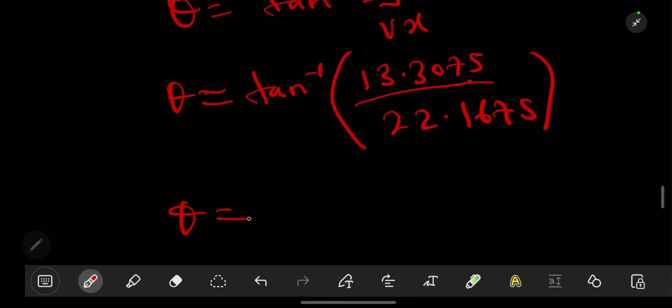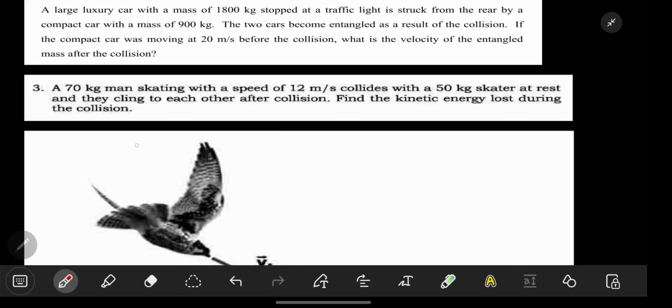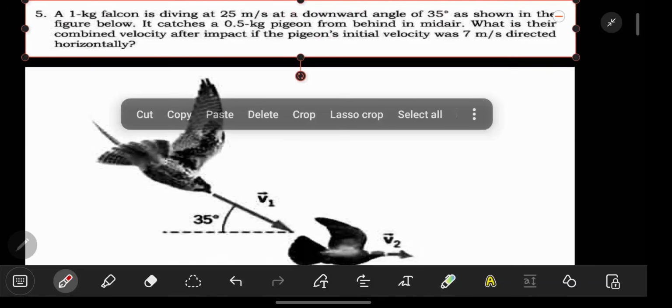So our theta should be equal to, if you press everything, tan inverse of, open brackets, 13.3075 divided by 22.1675. We are going to get 30.98 degrees, like that.